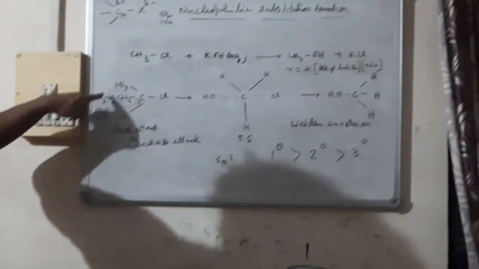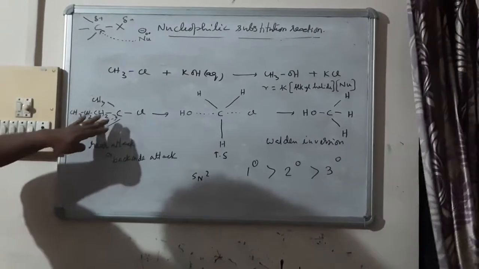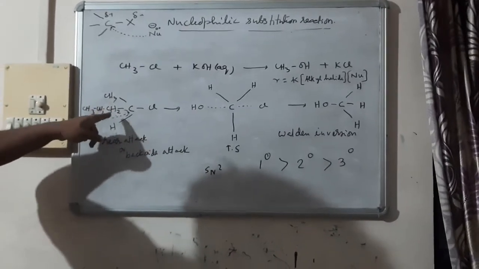This carbon is attached to 4 different groups, so it will be optically active. It will be either dextro or levo.